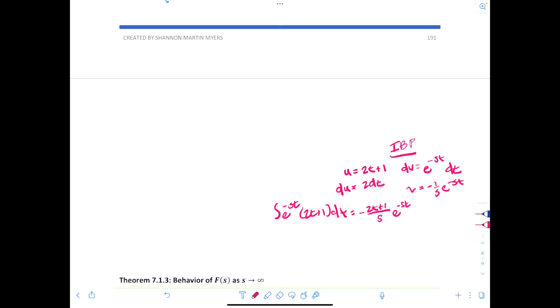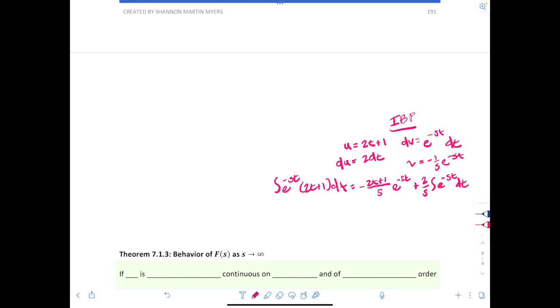So there's a negative for the v, so minus a minus is plus. And then we'll have 2 over s we can bring out, and then we have the integral of e to the negative st dt. And so that's going to give us negative 2t plus 1 over s e to the negative st, plus, actually it'll be a minus, 2 over s squared times e to the negative st.